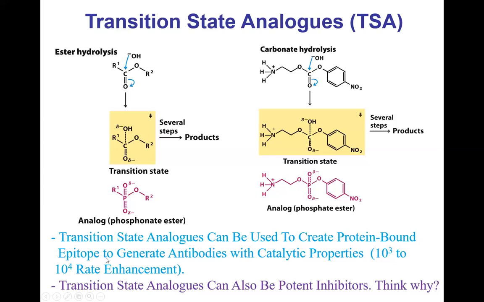But anyway, let's show you what the transition state analog inhibitors can look like. Sometimes you can actually use these transition state analog inhibitors to create artificial enzymes in the lab. Okay, so you can create an enzyme which will do a specific reaction. How? On the left hand side, I am showing you a reaction that is ester hydrolysis.